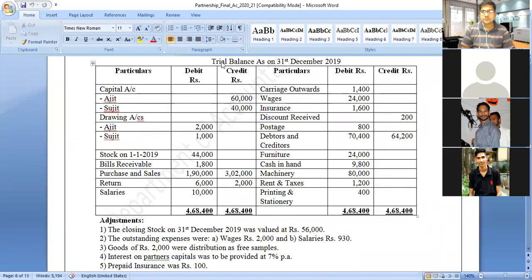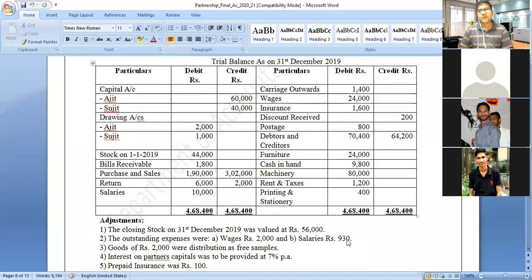Liability side. Yes, sorry Arti, right. The liability side, outstanding wages 2,000. Even the salary, we already recorded 10,000 in profit and loss account debit side, and to this 10,000 we will add the outstanding salary 930.